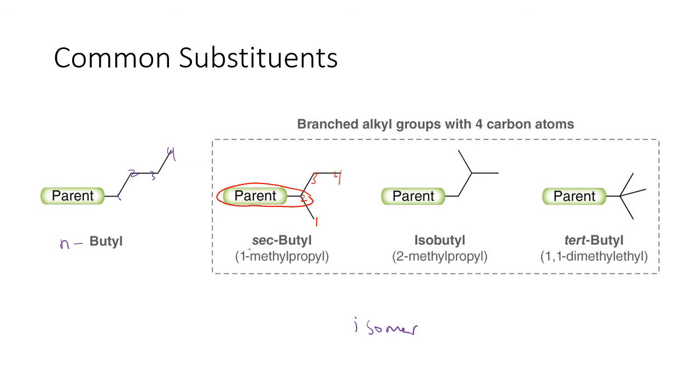Notice that the sec is written italicized and it's hyphened with the butyl. That means that when we come and use ABC order later to put these in alphabetical order, when it's like that, you use B as your alphabetizing letter, not sec. Versus the next one, as we go to the right, which is isobutyl. Isobutyl has this arrangement of the 4 carbons, still 4 carbons. It kind of looks like an isopropyl, but there's that little extra kink in it.